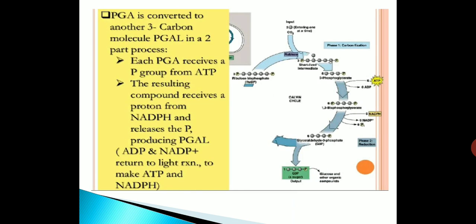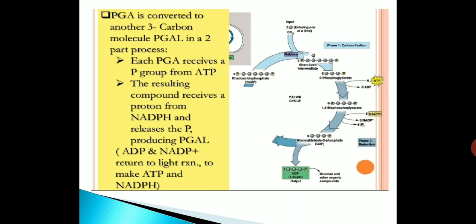PGA is converted to another 3 carbon molecule PGAL in a two-part process. In first, each PGA receives a P group from ATP. The resulting compound receives a proton from NADPH and releases a phosphorus, producing PGAL, ADP and NADP+.